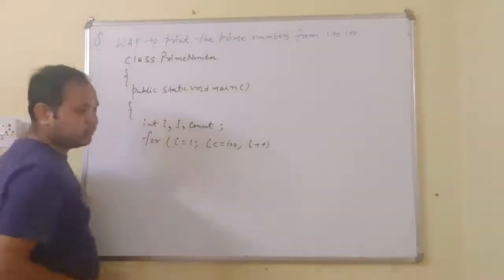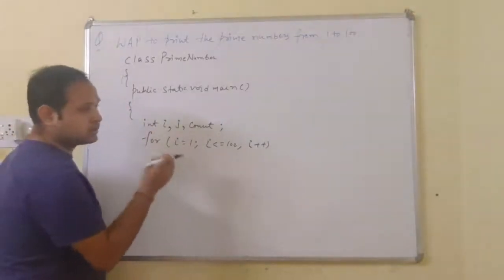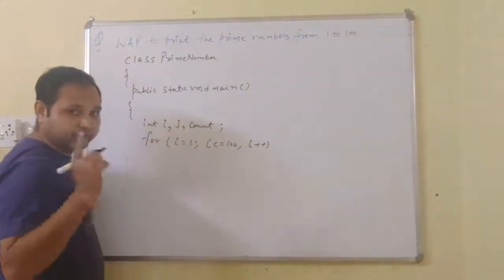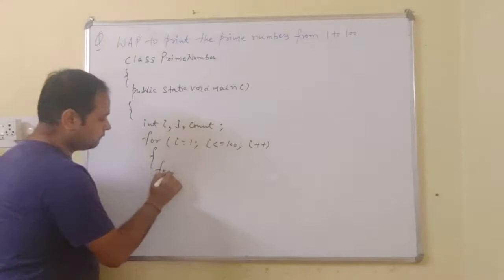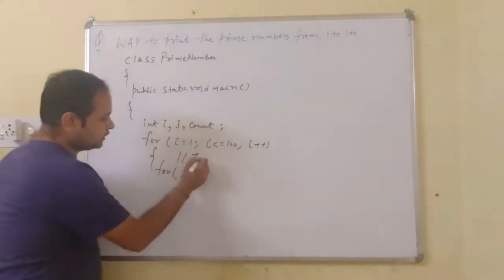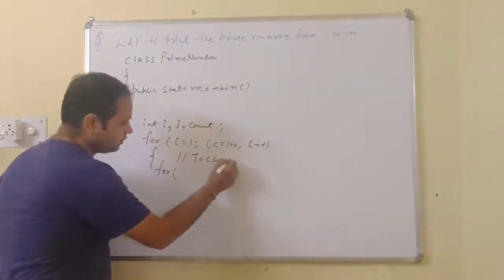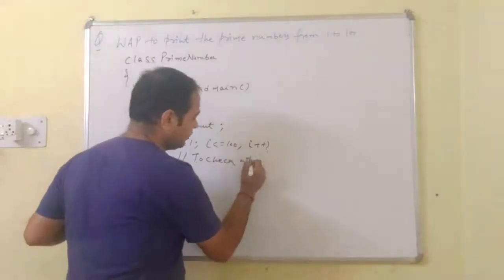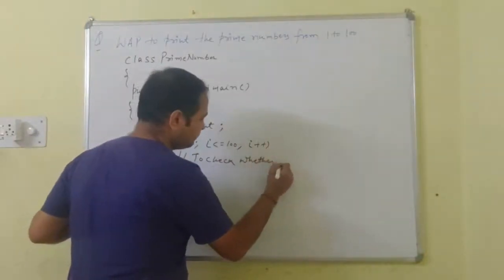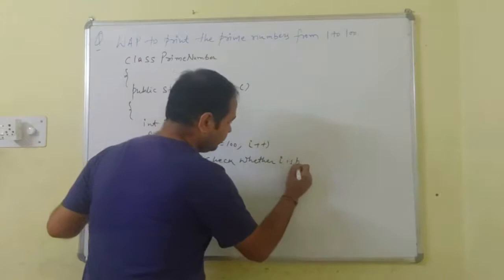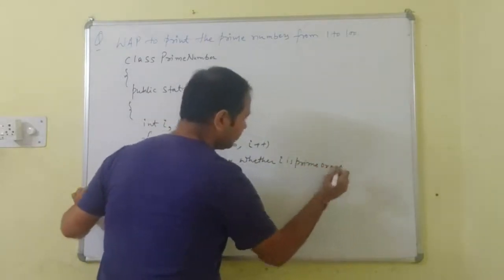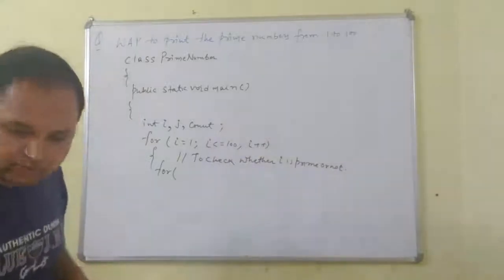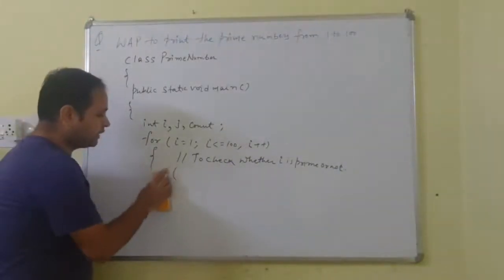So this loop will run from 1 to 100. And from this i loop, I will check every number whether it is prime or not. So first of all, I will initialize the value of count as 0.